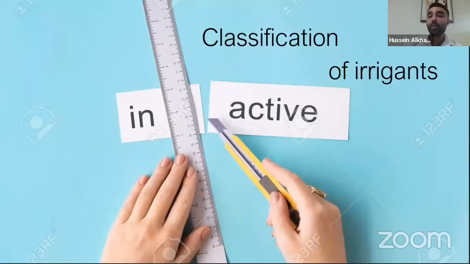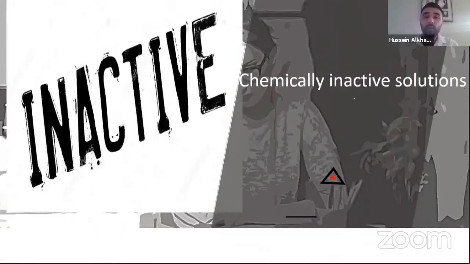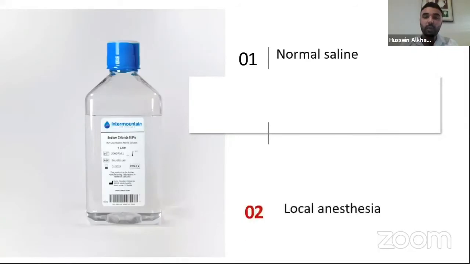Now, according to their chemical activity, irrigation solutions could be divided into active or inactive irrigation solutions. The chemically inactive solutions, we are familiar with some of these types, such as normal saline and local anesthetic solutions.